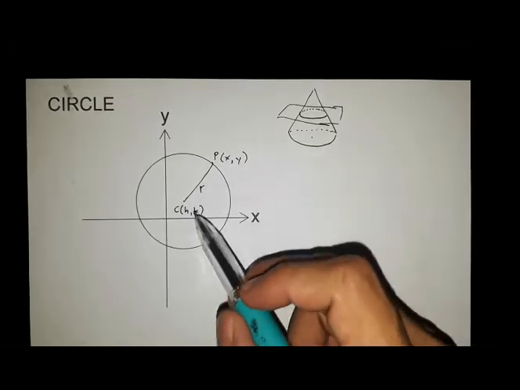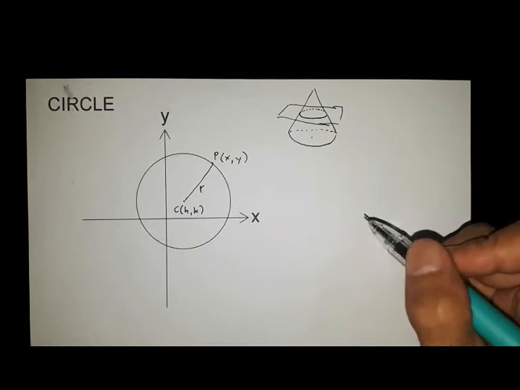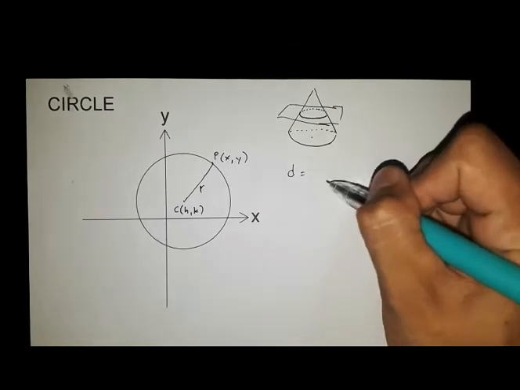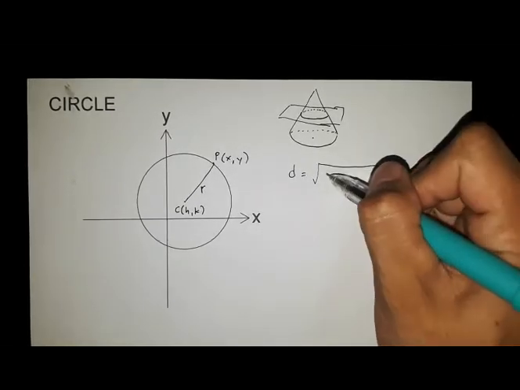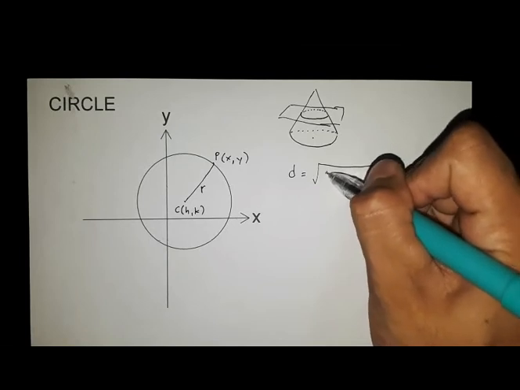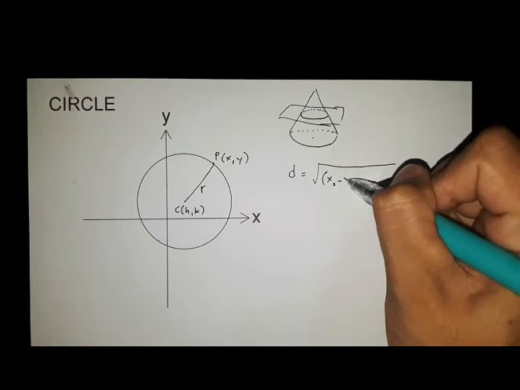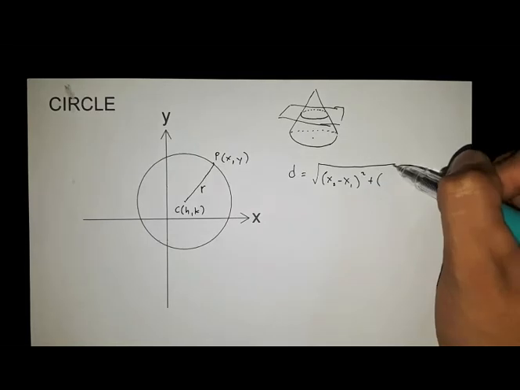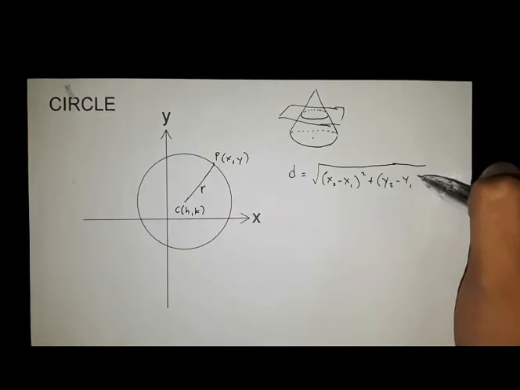we can solve for r using the distance formula. So we have the distance formula is equal to the square root of the quantity x sub 2 minus x sub 1 squared plus the quantity of y sub 2 minus y sub 1 squared.